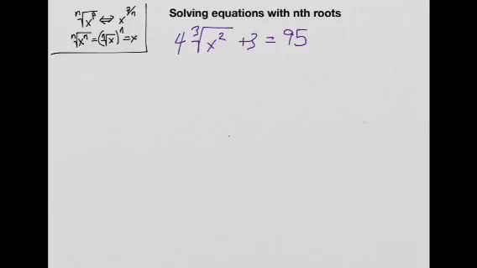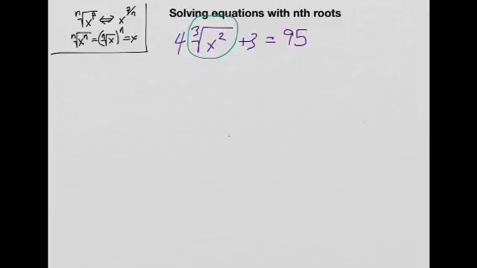So we'll start with this problem right here. And this one actually I'm going to do in two different ways. First way, I'm just going to look at undoing my root. If I look at it right here, is my nth root, and the big idea is I have a way to undo an nth root, so I'm going to solve that nth root first.